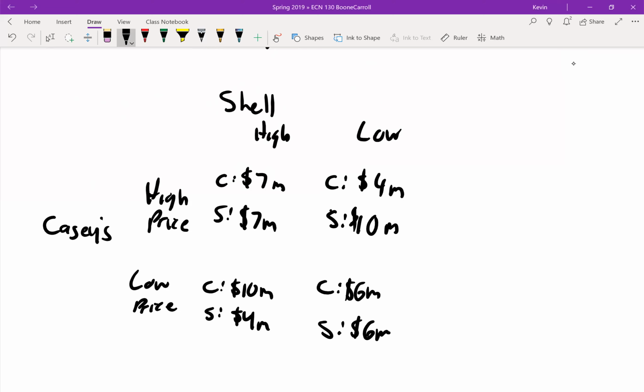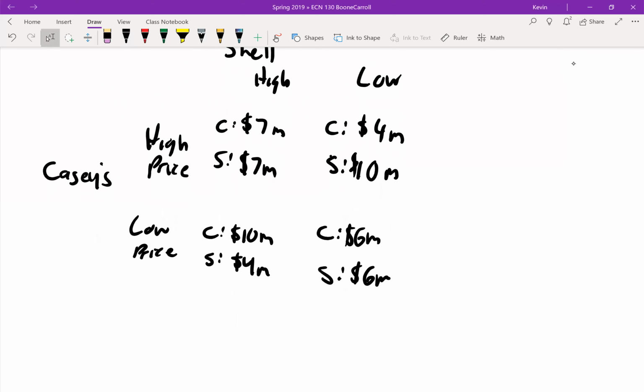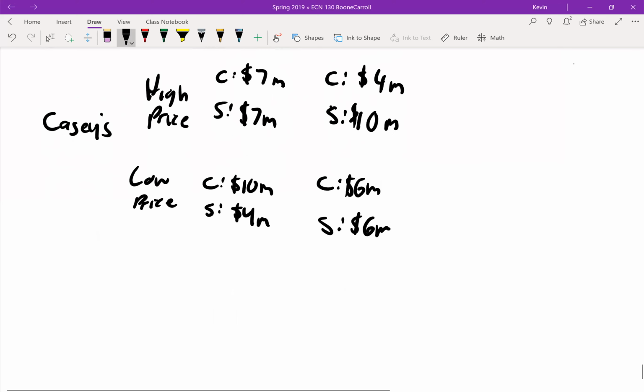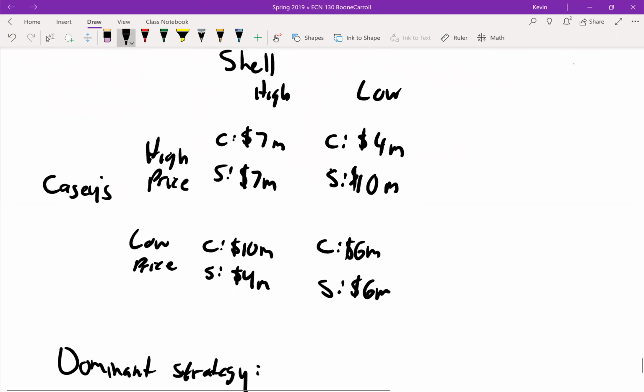So in this situation, there are two big things that come up a lot. One is the dominant strategy. To find this, we can do our little dots that I mentioned in class.